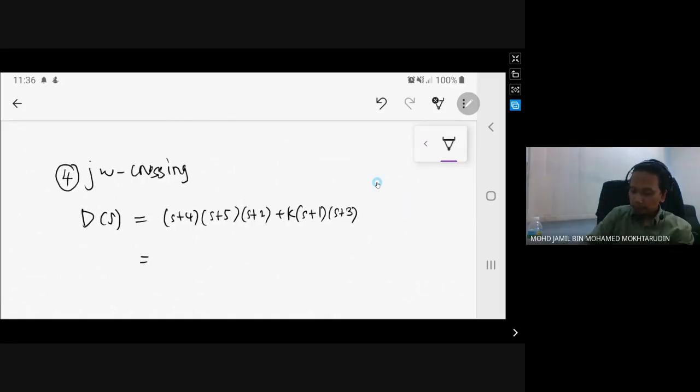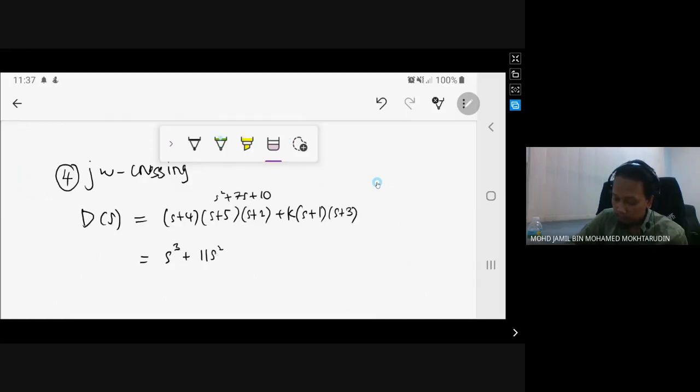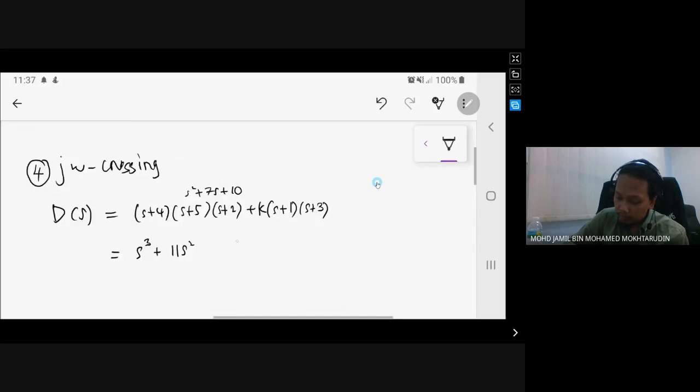So you will get s cubed plus 7s squared, 4s squared, 11s squared, plus 17s plus 40, plus k s squared plus 4ks plus 3k.